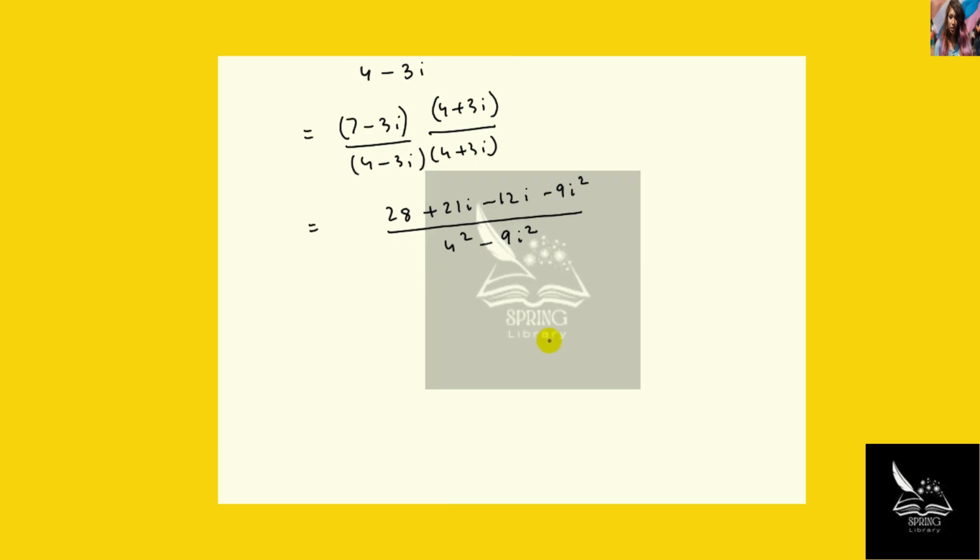Now the denominator is equal to 4 square minus 9i square. Now i square is minus 1, so minus 1 times minus 1 is plus 1. So we will have 4 square plus 9.